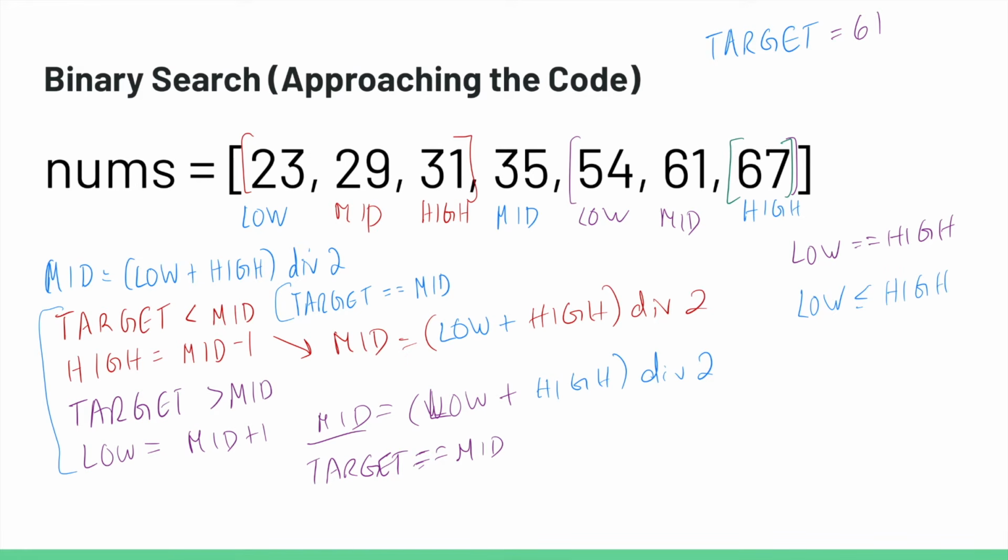Once that condition's false, then we stop moving around low, high, and mid, because we've either gotten to the point where we found a match, or we've settled on one last element, and maybe we haven't found something. We've either found something or we haven't by the time this condition ends up being false, and our loop would stop. So now, having an understanding of how a binary search would work programmatically, let's go ahead and write the code itself.